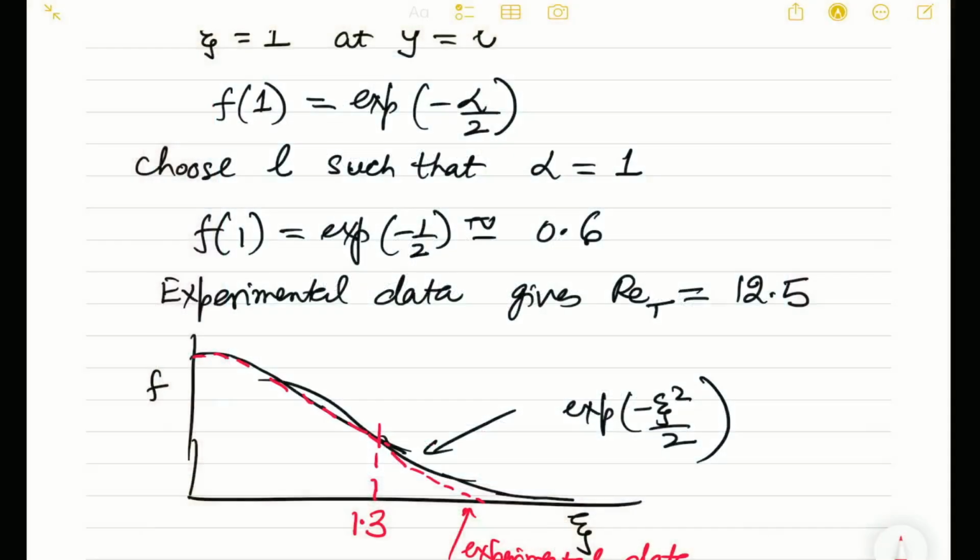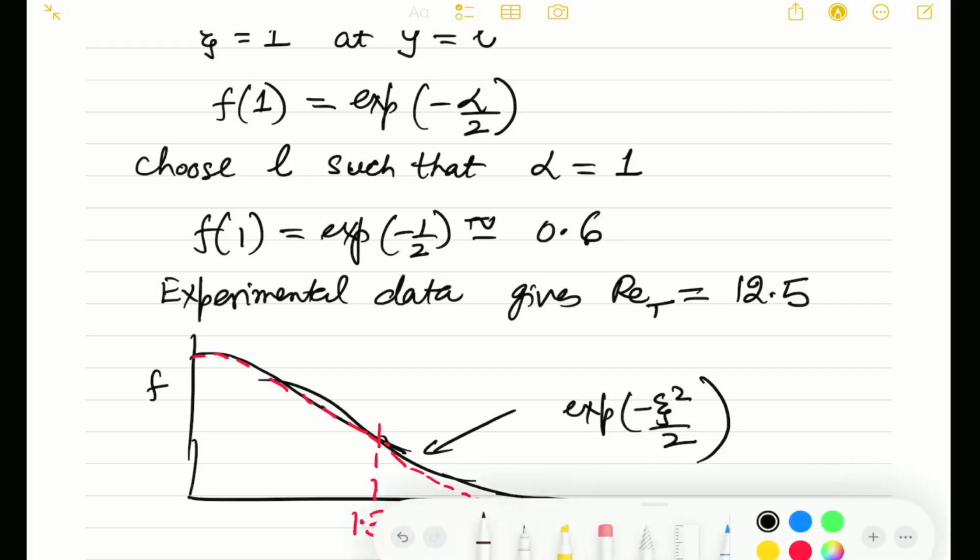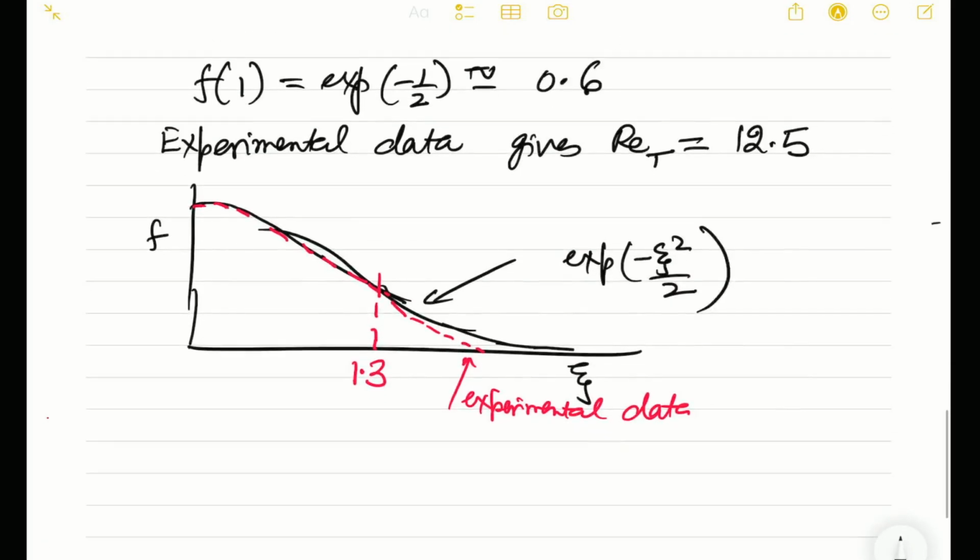And here, if we try to find the reason for this, come back to the black pen.